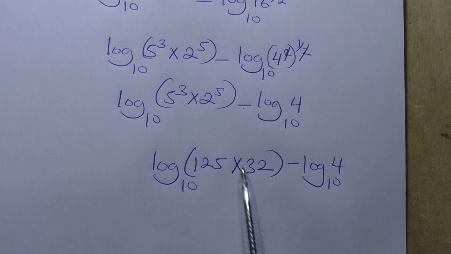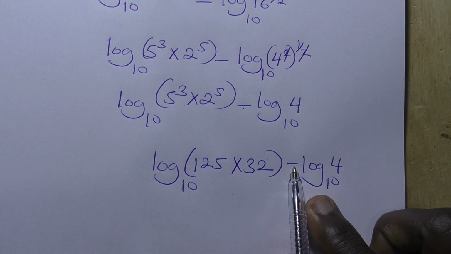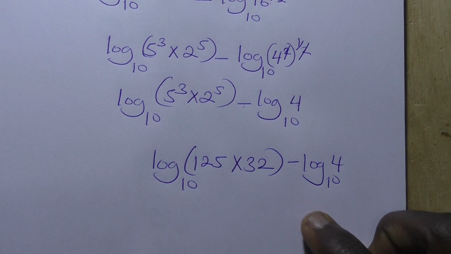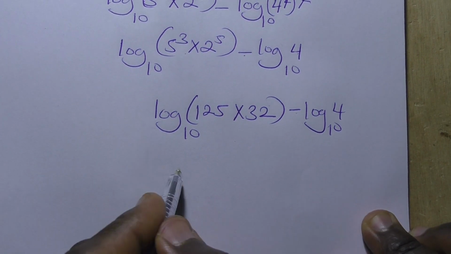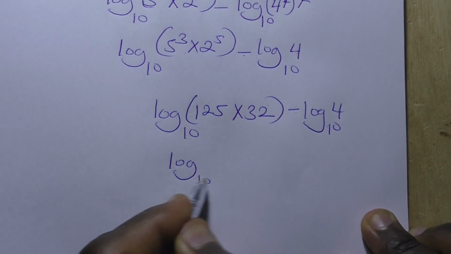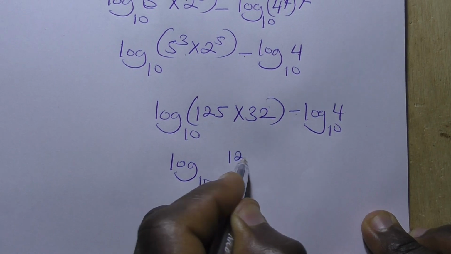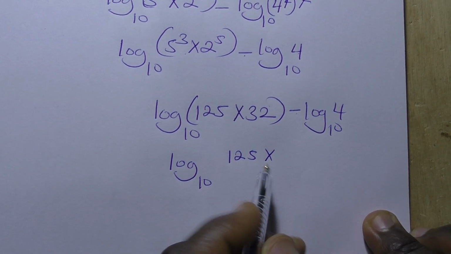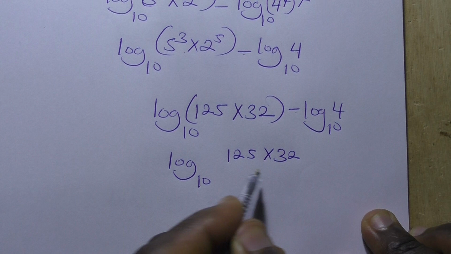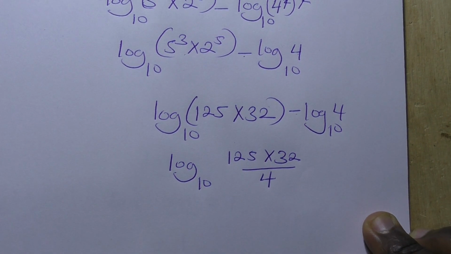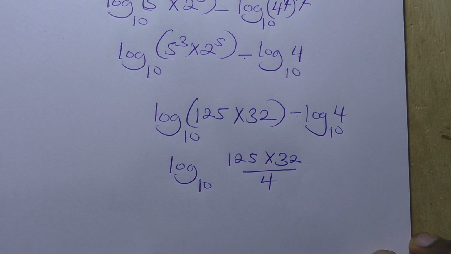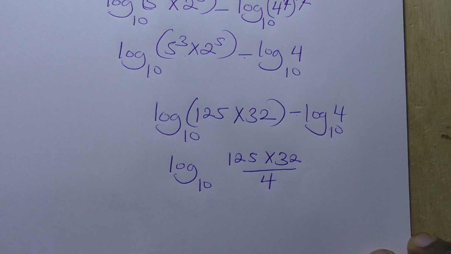Since it is subtraction, our next step is dividing, so we have 125 times 32 over 4. That is our next step.